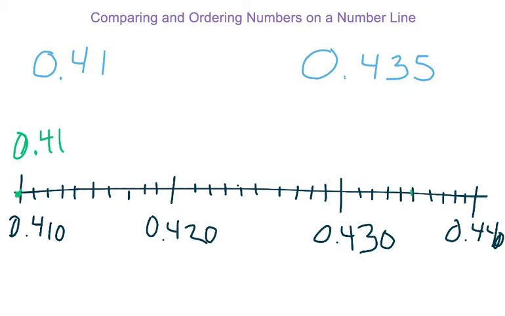Set that up right there. 435 thousandths. Again, this one's further to the right. So 41 hundredths is less than 435 thousandths. Again, I can totally see how far apart they are on this number line.